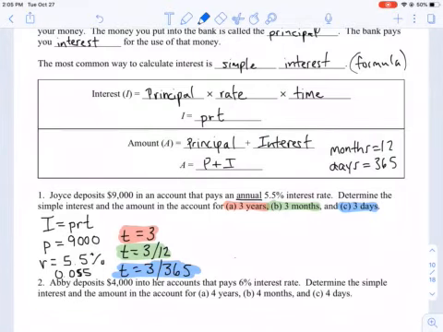So let's go ahead and solve this. So we'll do the one in red first. So our interest is our principal, 9,000, times our rate, times our time.